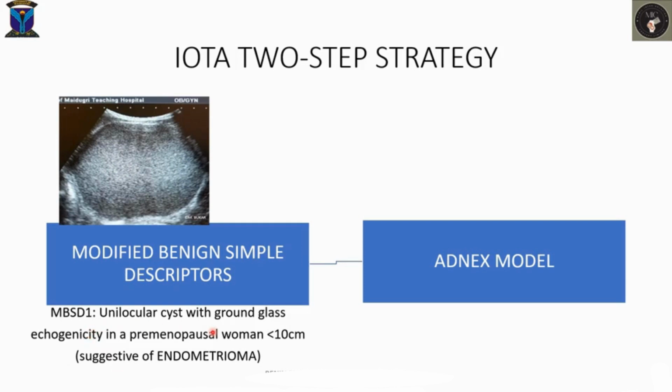This is a unilocular cyst with ground glass echogenicity in a premenopausal woman, less than 10 centimeters. So this is suggestive of endometrioma. Do you need to apply the ADNEX model? No, you don't, because the modified simple descriptors have actually classified this as benign.